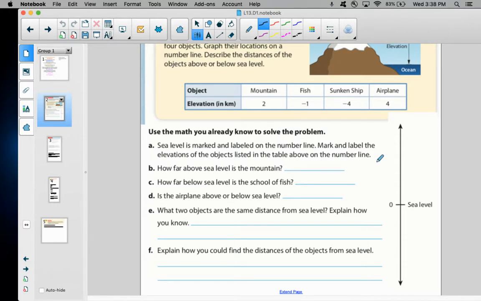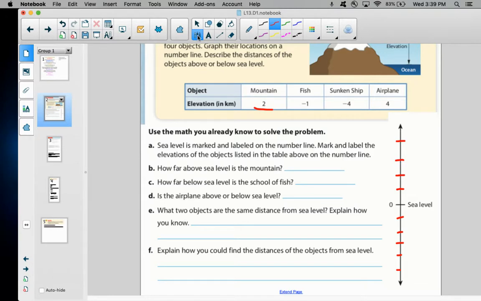So I'm going to take my pen here and start with our mountain. The mountain is 2 kilometers. So I'm going to know that I'm going to need at least 4 tick marks in both directions, just knowing about my numbers that I'm seeing.